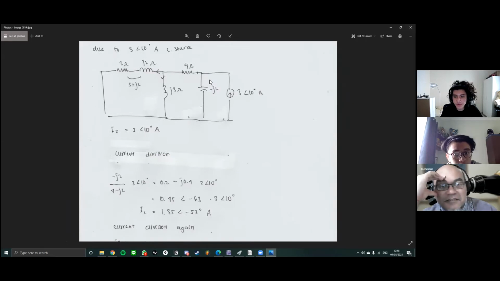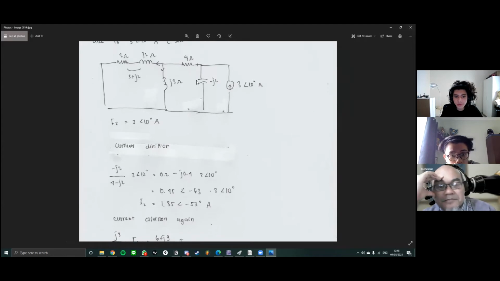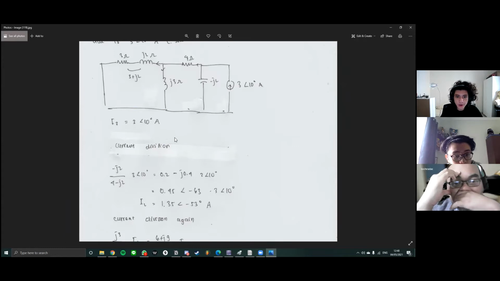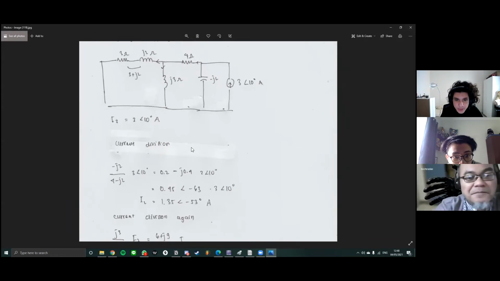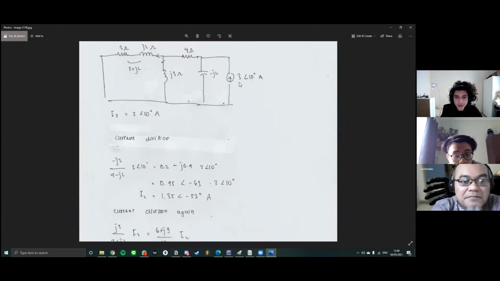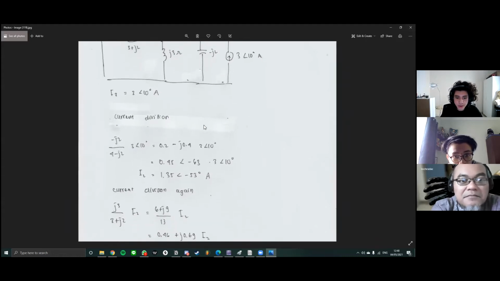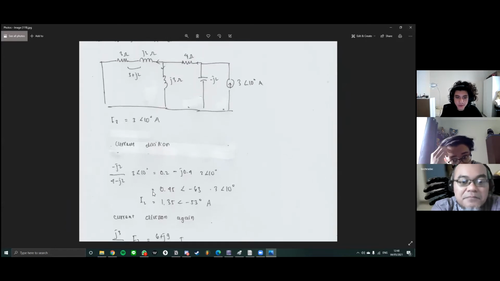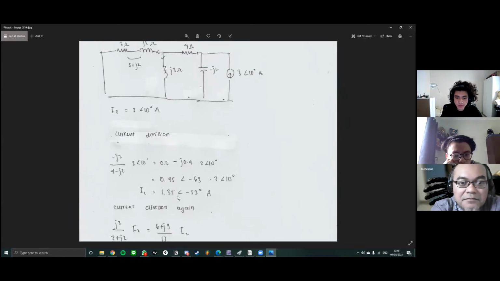Firstly, we have to calculate the current that goes through here. That means we take minus j2 over 4... wait, I think this is a mistake. Oh yeah, 4 minus j2. And times the current that goes into this node, we have I2 equals 1.35 with a phase angle of minus 53 degrees.